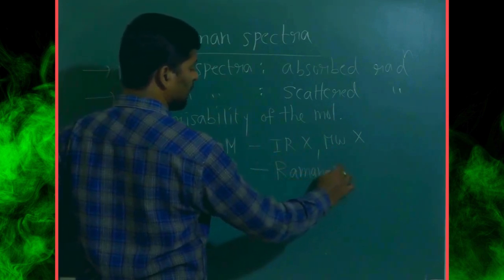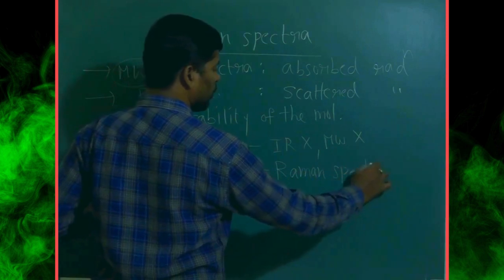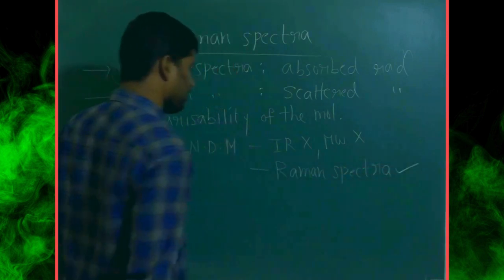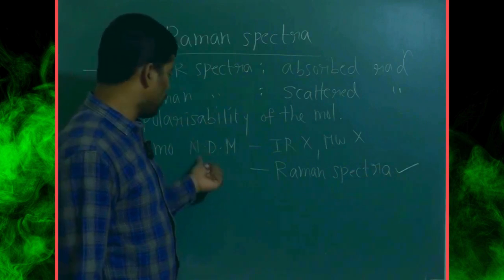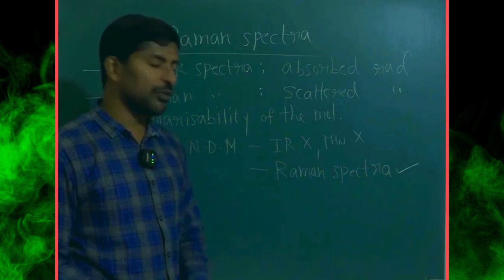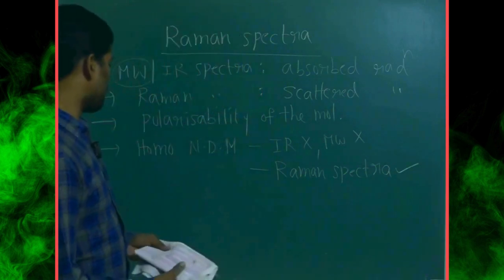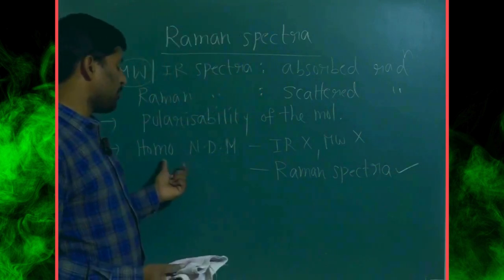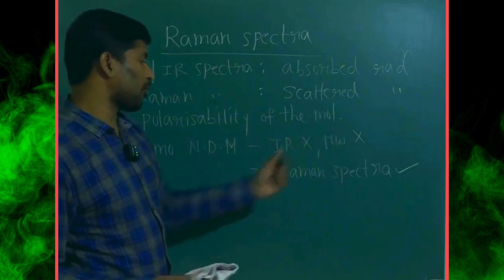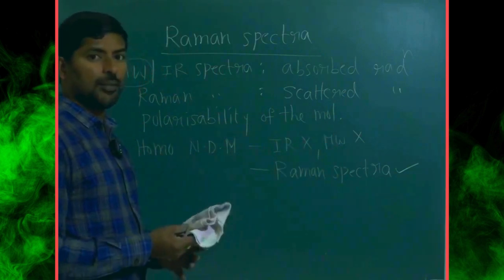So some induced dipole is created even in homonuclear diatomic molecules. Therefore the information regarding homonuclear diatomic molecules we can get by using Raman spectroscopy. So you remember this point.